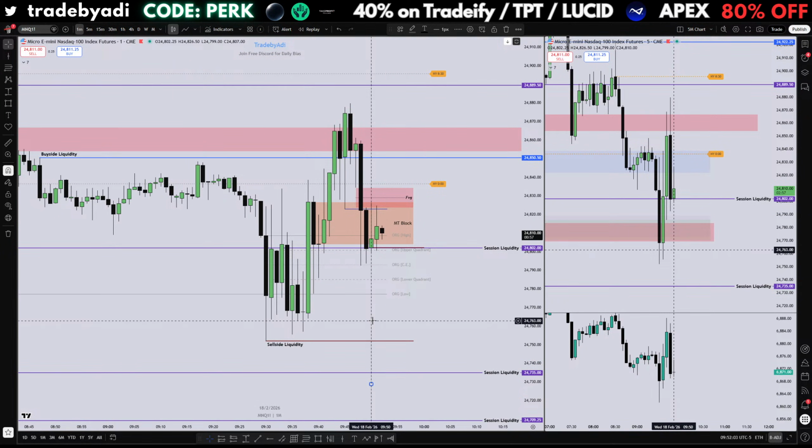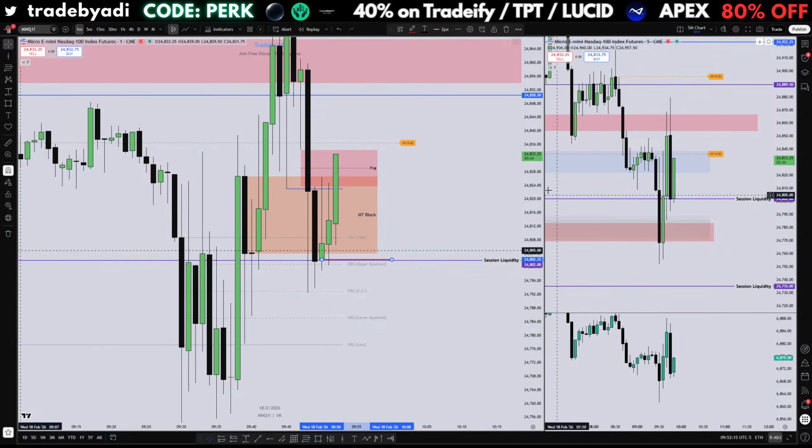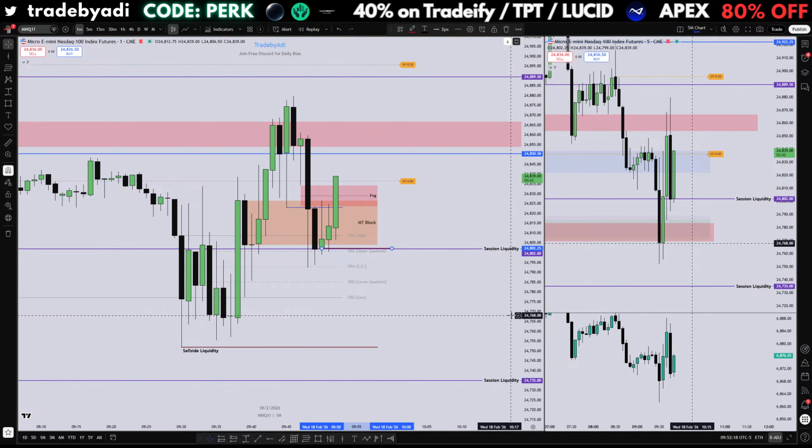Okay, so I wanna see in the price action that we need to have the change in state of delivery over here. This change of state of delivery, I wanna see this one. If we don't have it, then it is problematic again.